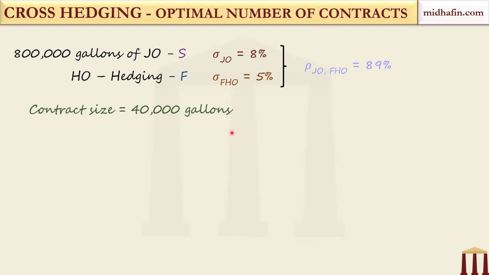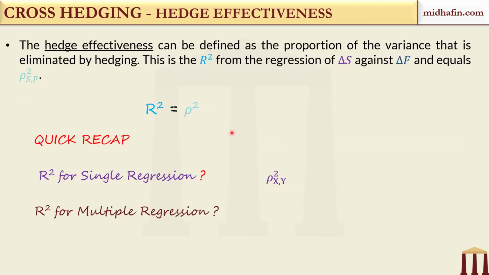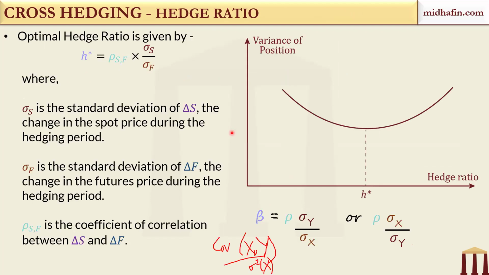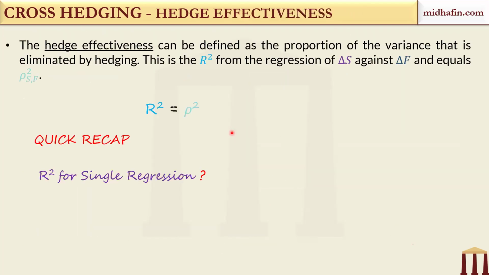What will be the hedge ratio? Same formula: H star equals rho times sigma S by sigma F. Can you tell me the hedge ratio?